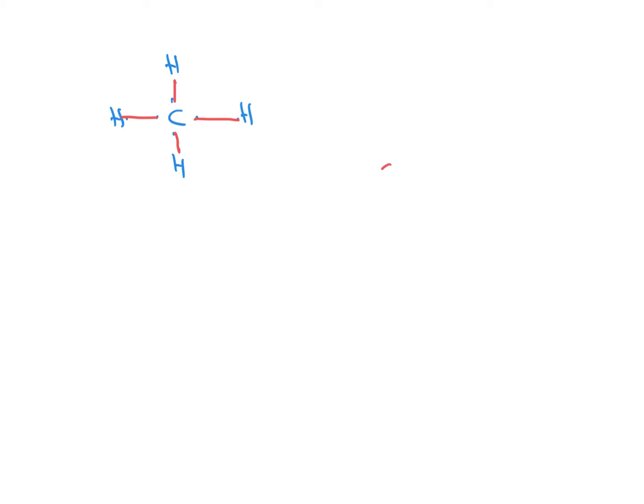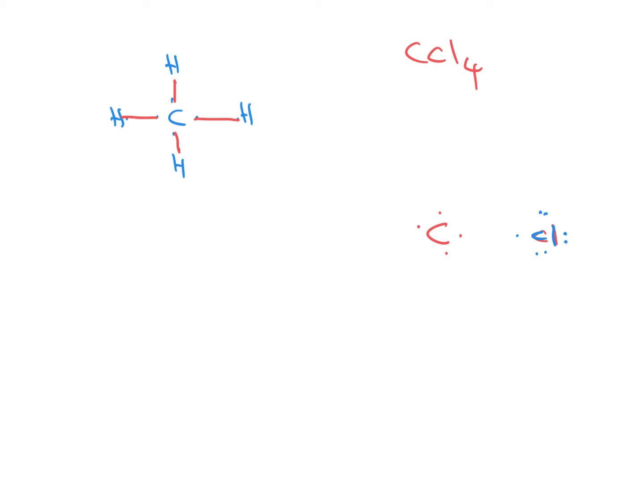Or the same for CCl4. You write the Lewis structure for carbon, and put 4 electrons around it, which are valence electrons. And then you do the same for chlorine, and you write 1, 2, 3, 4, 5, 6, 7.